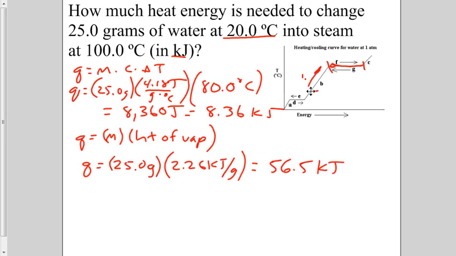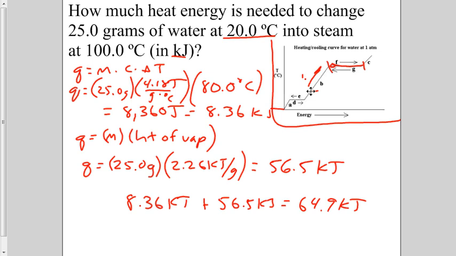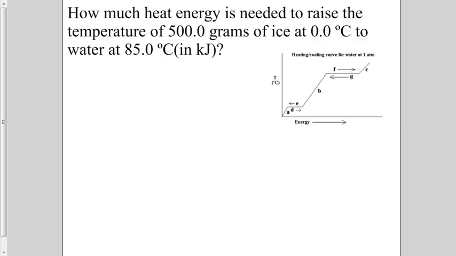And to get the final answer, it's going to be the amount of heat needed to raise the temperature up to 100, plus the heat needed to vaporize it. And that'll come out to 64.9 kilojoules. So again, always handy to think of this heating cooling curve, try to imagine what change is taking place, then use the appropriate equations.